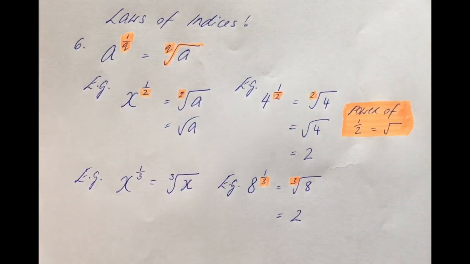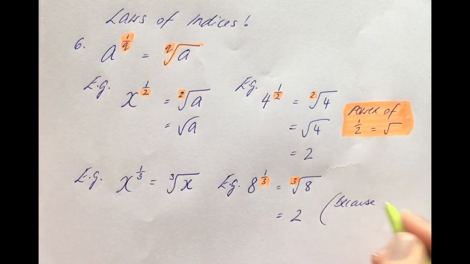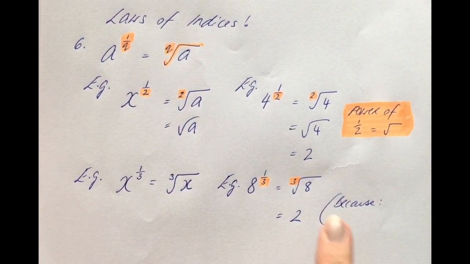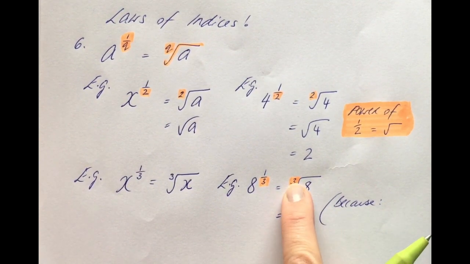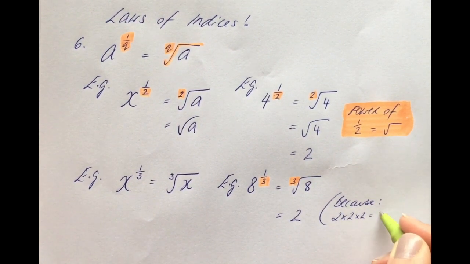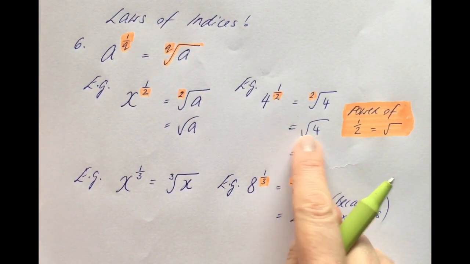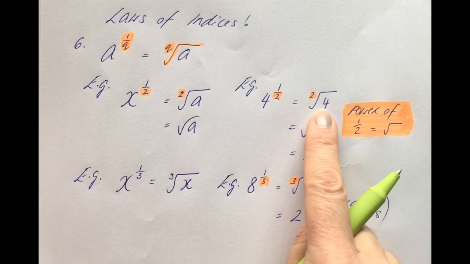And the reason it's 2 is because what the cubed root of 8 is asking you is what number multiplied by itself 3 times will give you 8. And of course the answer is 2, because 2 times 2 times 2 is 8. The square root is always asking you what number times by itself is giving you 4.